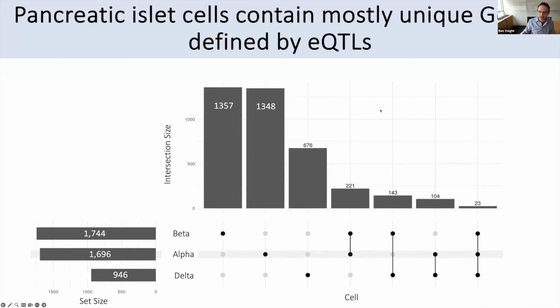But not unexpectedly, most of those observations are cell type specific. And the difference between, let's say, alpha and beta cells and delta cells here is a difference in power. I think we have twice as many samples used for the analysis of delta cells than we do the other populations, just as a function of our discovery efforts here. So I don't think that's about biology. I think that's just about statistical power for discovery in those cell types.